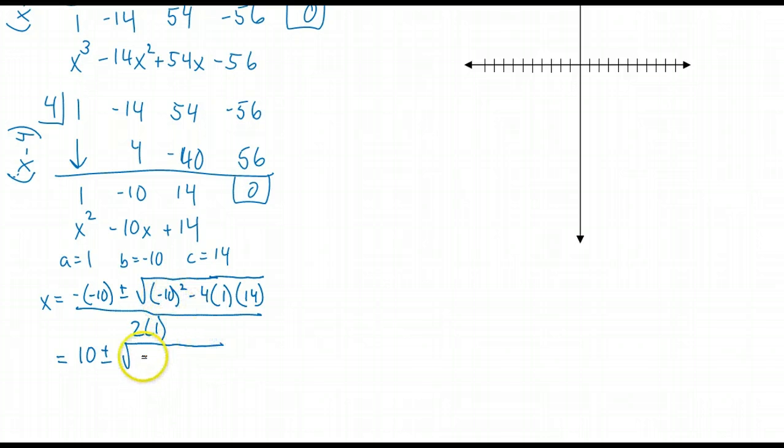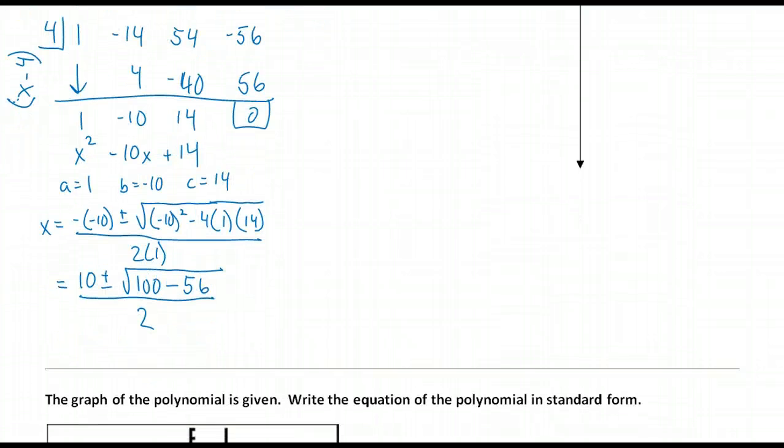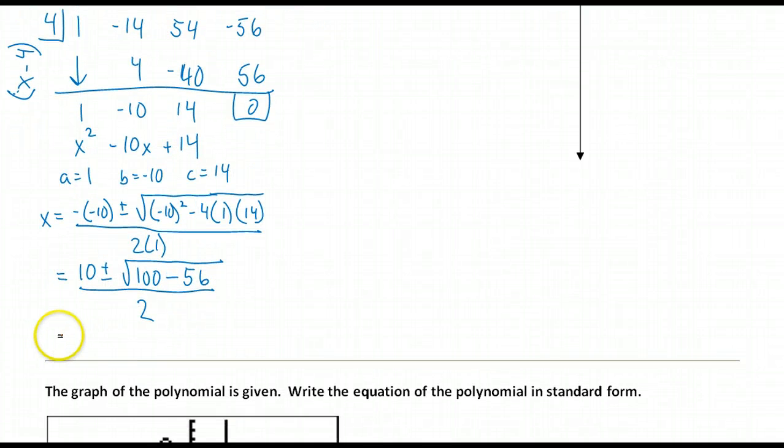Negative 10 squared is positive 100 minus 4 times 14 is 56 all over 2. So I really have 10 plus or minus the square root of 44, 100 minus 56, over 2.